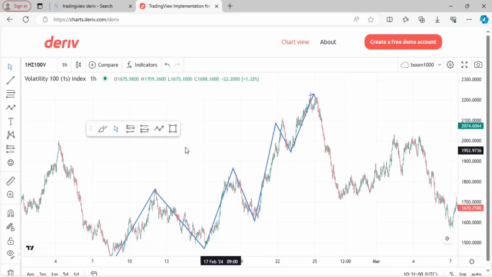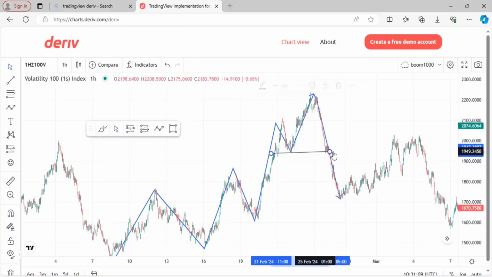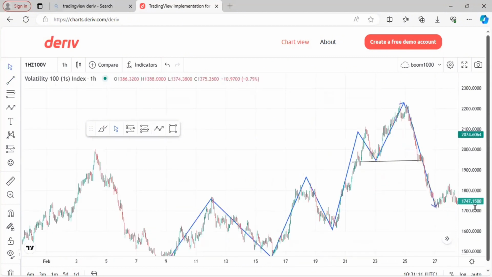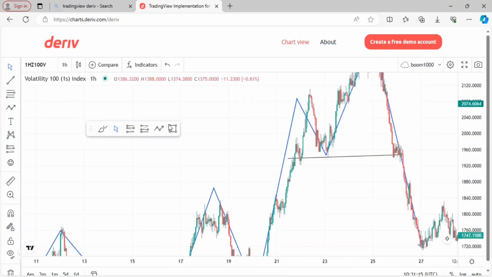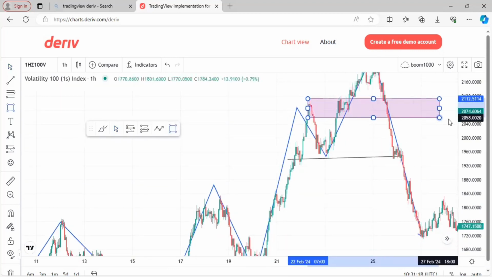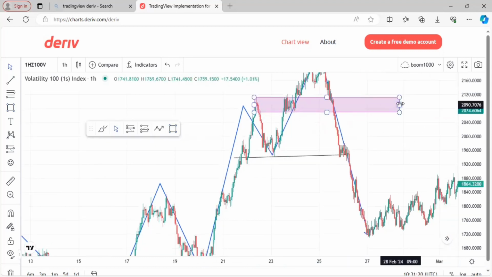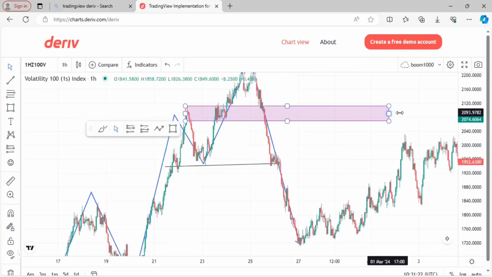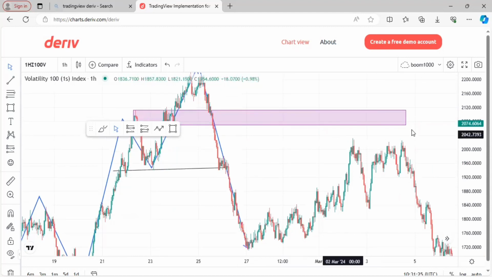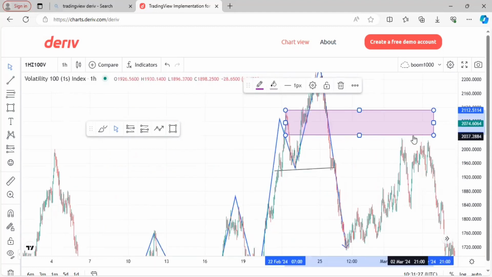So what happened? Market came down and broke this higher low over here. The minute market breaks it, all you have to do is come here, extend this from here, then wait for market to come and hit it.